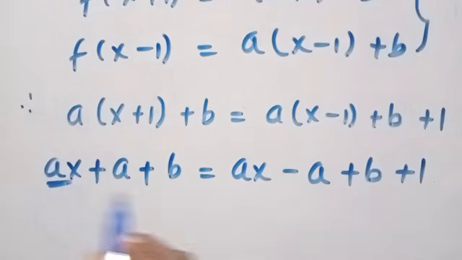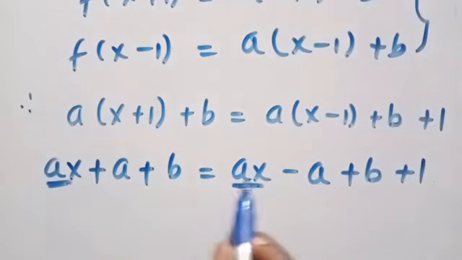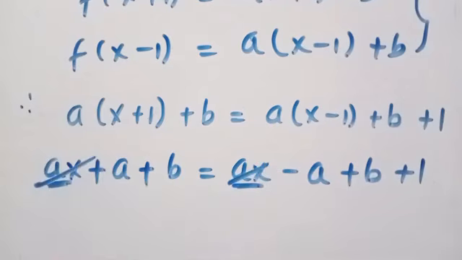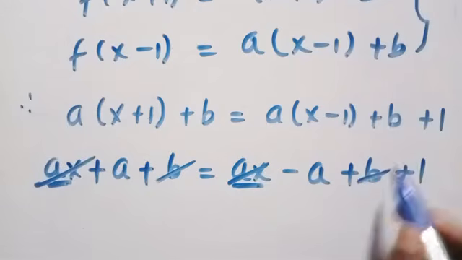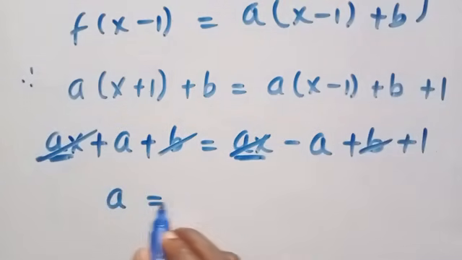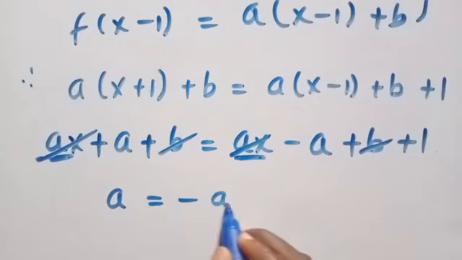But here is ax and ax, both have the same operation on the two sides, so this cancels this. Also we have b and b, b also cancels b. The only thing left is, on the left-hand side, a, and on the right-hand side, -a + 1.